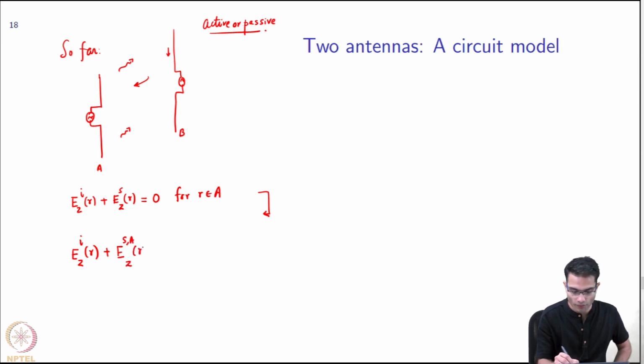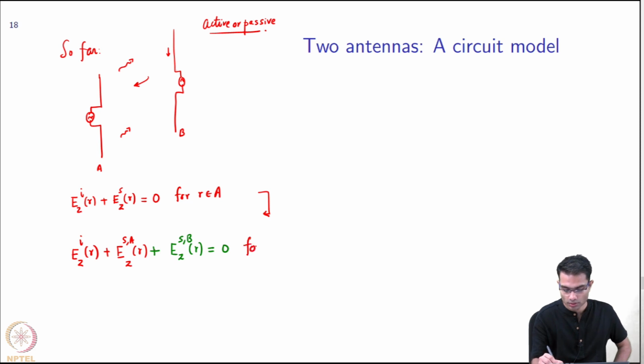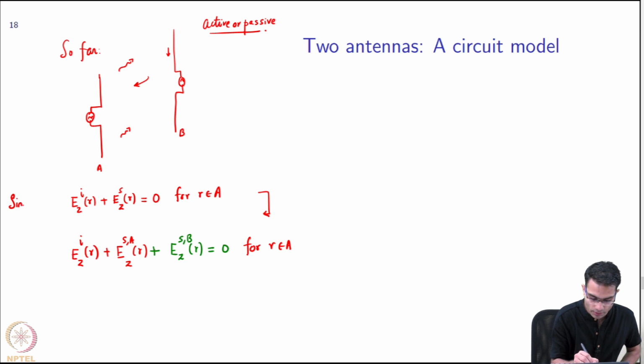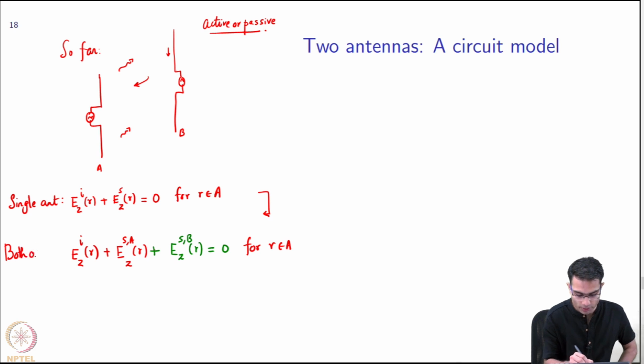So far this is what I had in the single antenna case. Now there is going to be a plus E_z^s, s for scattered, the field scattered by antenna B. So this was the single antenna and this is both antennas.